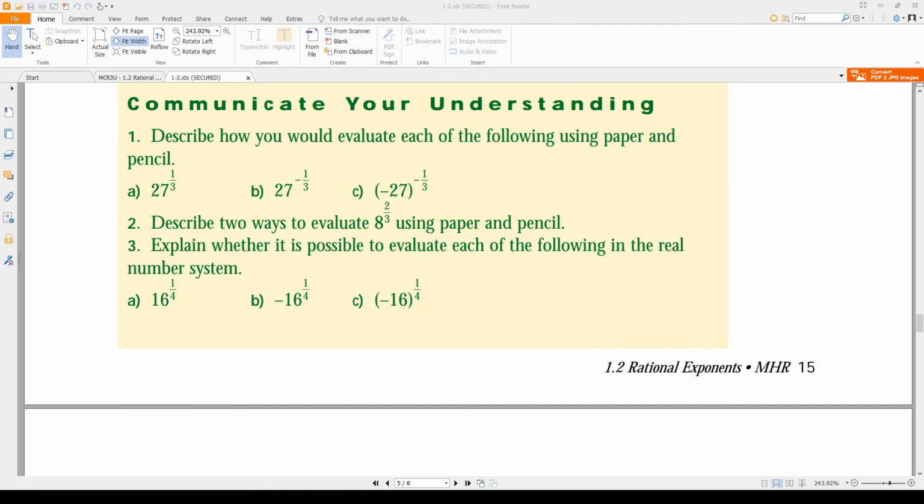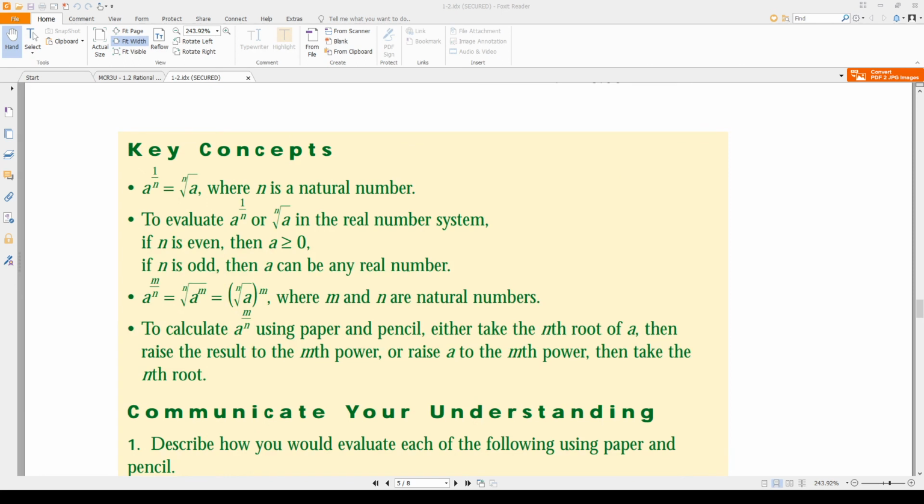We're in section 1.2. Okay, here is all of the summary information about what we've basically been talking about, written more mathematically. So a to the 1 over n is equal to the nth root of a, where n is a natural number. So natural number meaning positive values.